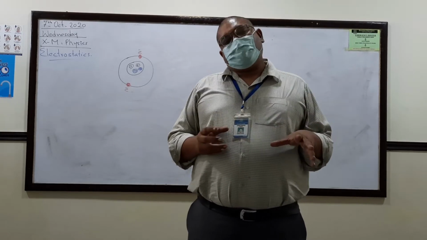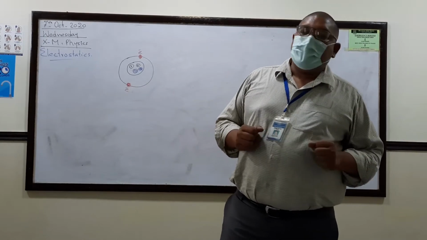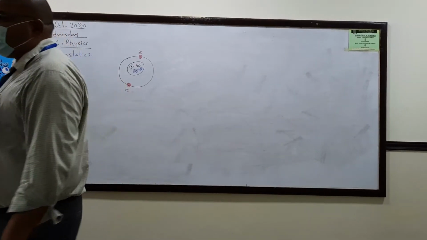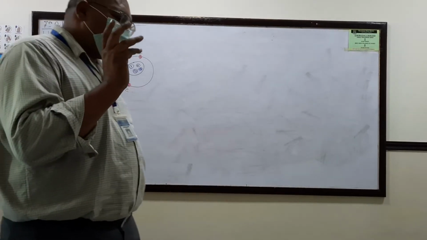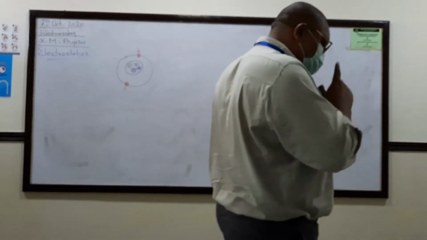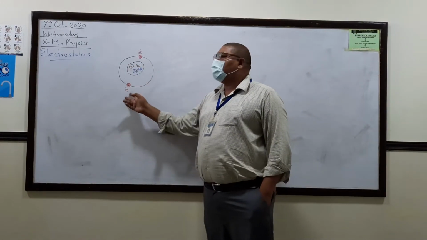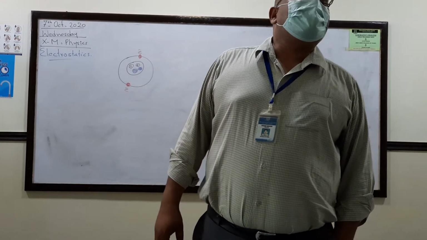The protons have positive charge on them, and electrons have negative charge on them. So charge is basically of two kinds, positive charge and negative charge. The protons inside the nucleus have positive charge, and electrons which are in the orbits have negative charge.